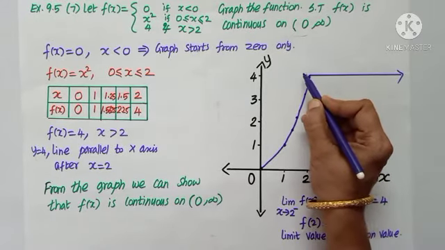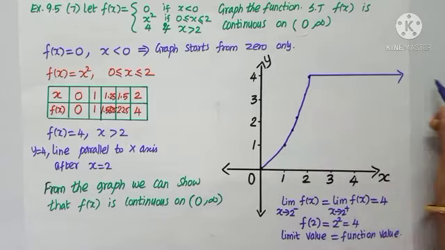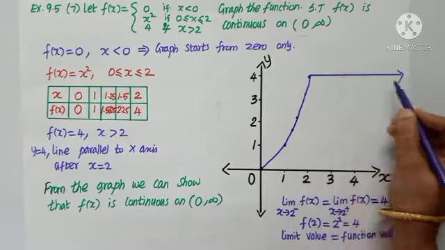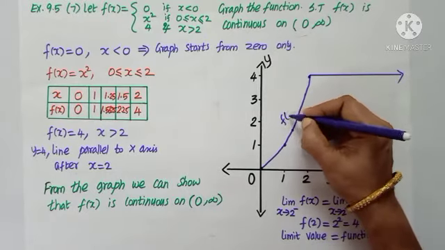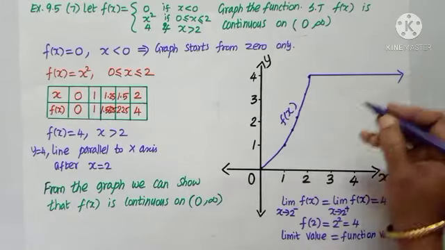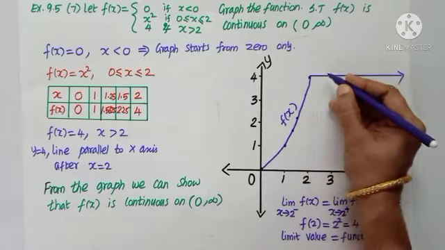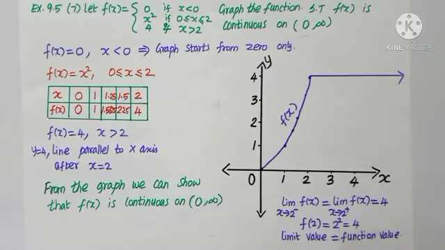And after that it is fully 4, same value, whatever be the x value, f of x is going to be 4. So this is the f of x curve. It goes from 0 and so on. So it is a continuous curve. So this shows the graph of the given function.